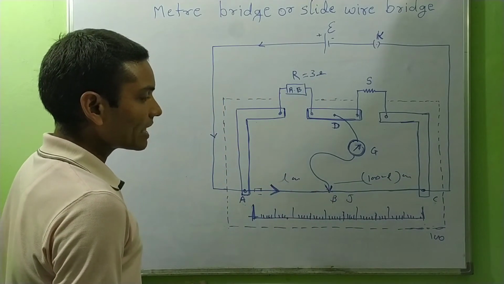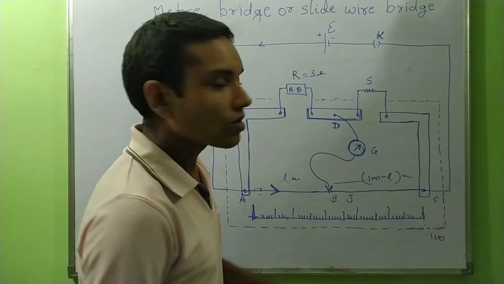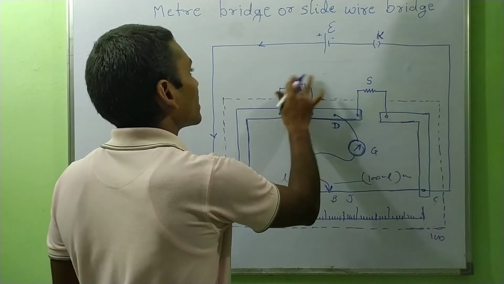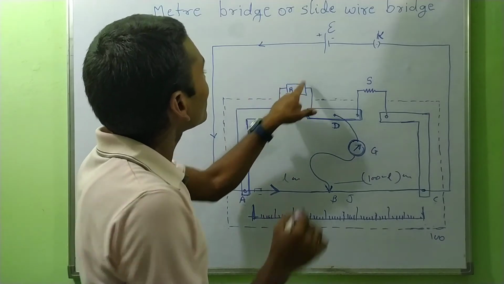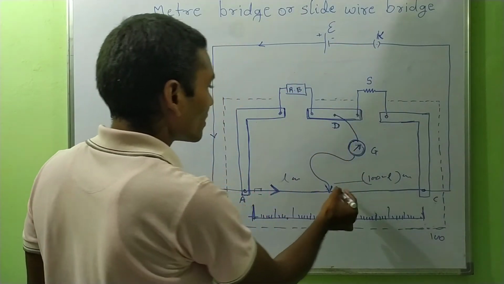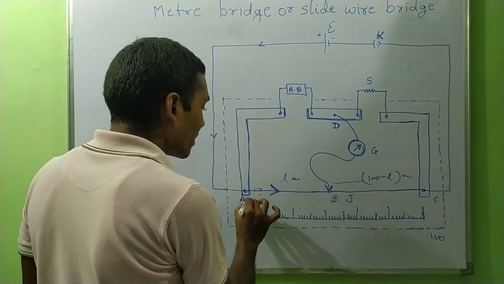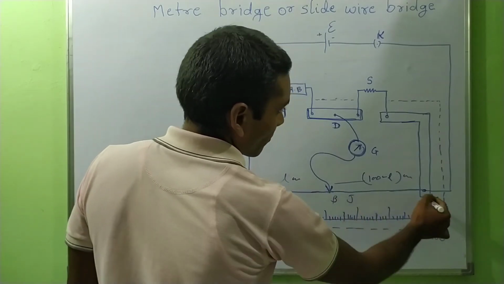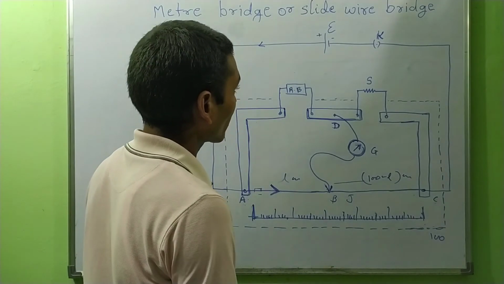Now in the practical, first of all, from the resistance box, any key is taken out. Then this jockey is brought near A, then the deflection will be to one side. When this is brought near C, then the deflection will be to the opposite side.